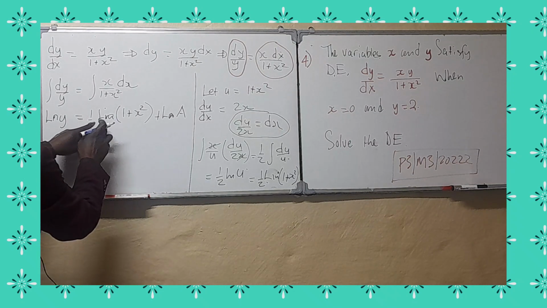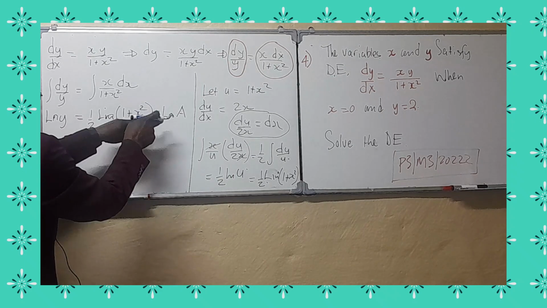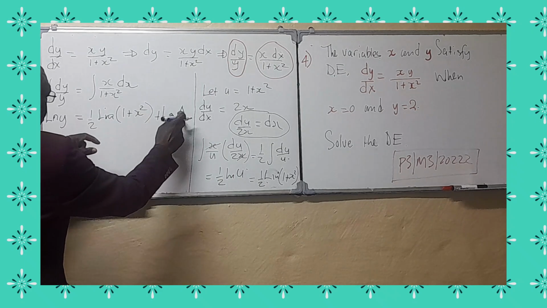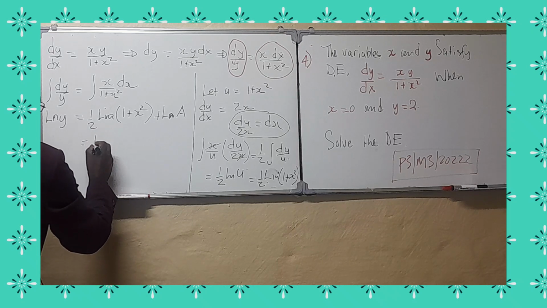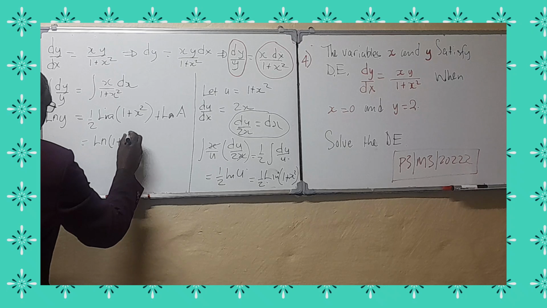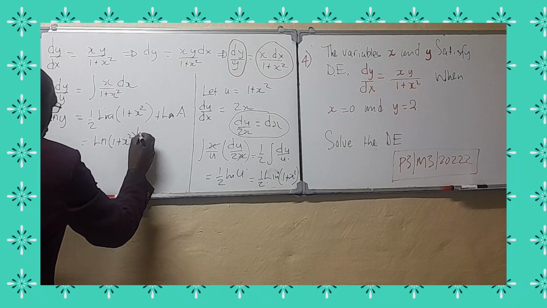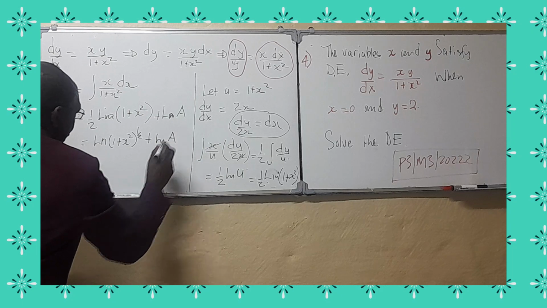This means ln 1 plus x squared to the power half when we take the half to that side. Let's not rush. This becomes ln 1 plus x squared to the power half plus, of course, our ln a.